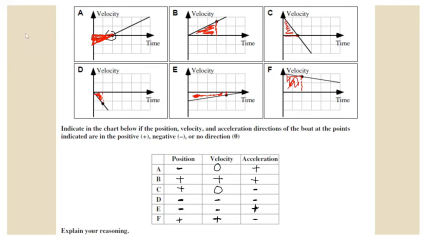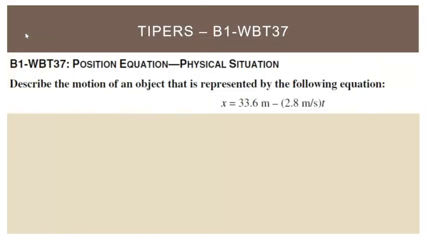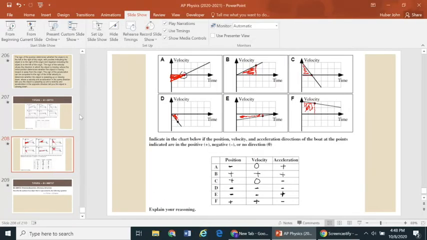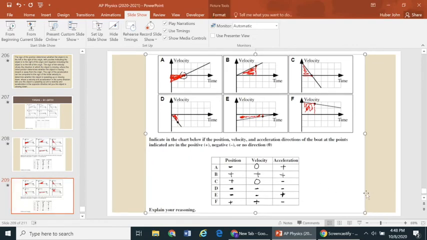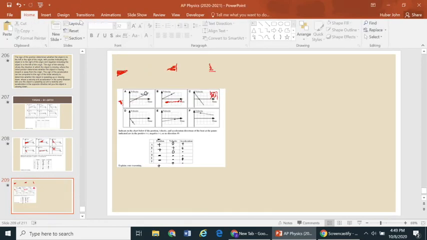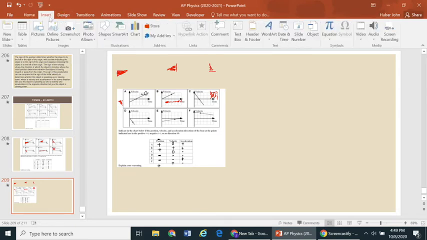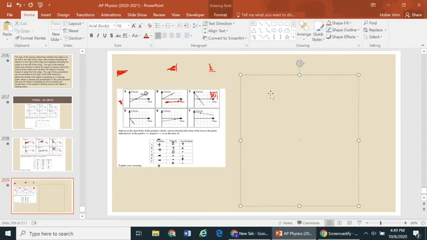And so, of course, the big question here is, well, how do we possibly explain it? We already kind of went through those things, but let's go ahead and address that real fast. So we'll open up another text box here. And we can say, well, how did we figure out the sign of the position? Well, the sign of the position ultimately is determined by the sign of the displacement.